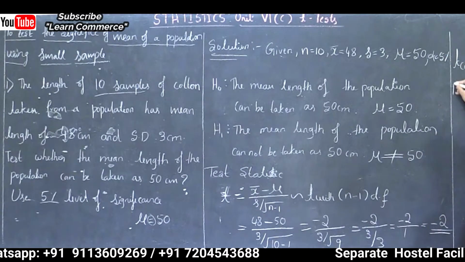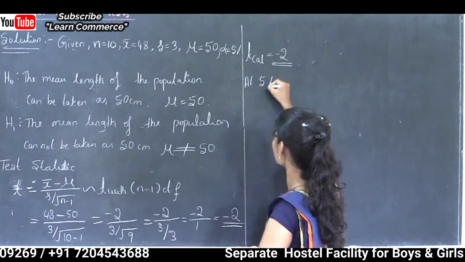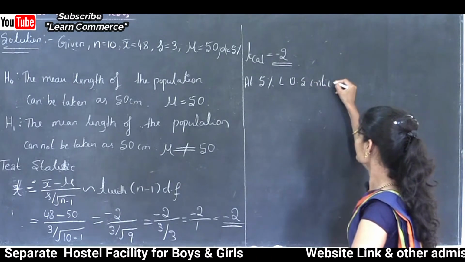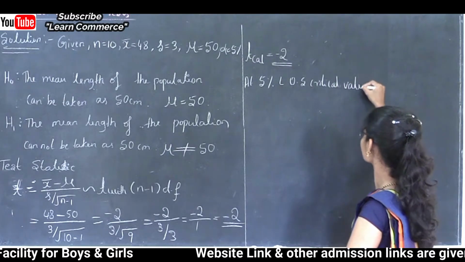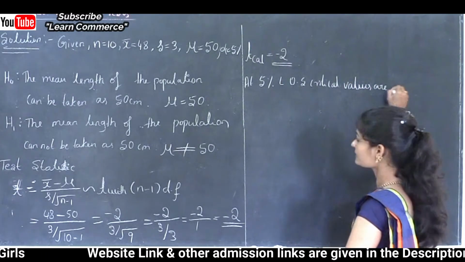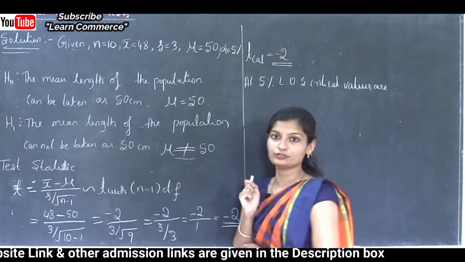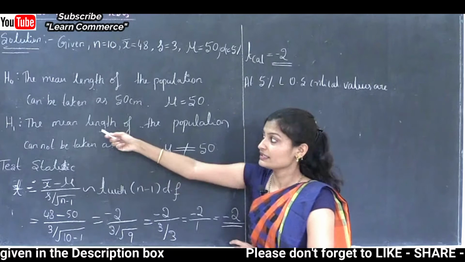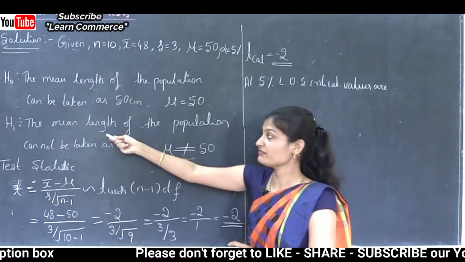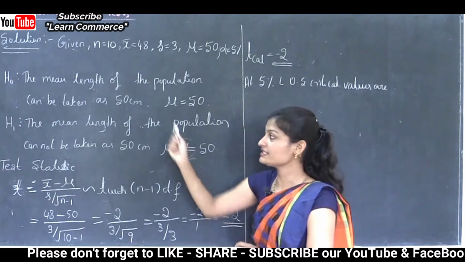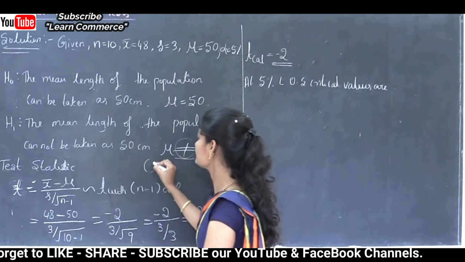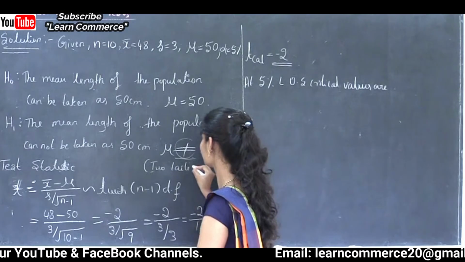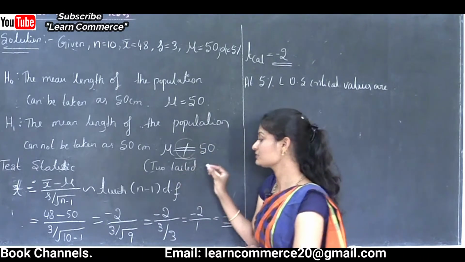So at 5% level of significance, the critical values are: this is a not equal to type. If it is not equal to, then it is the alternative hypothesis, in the sense this is a two-tailed test. If it is a not equal to type, then it is a two-tailed test.